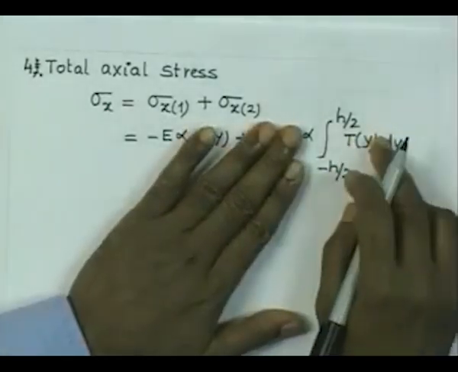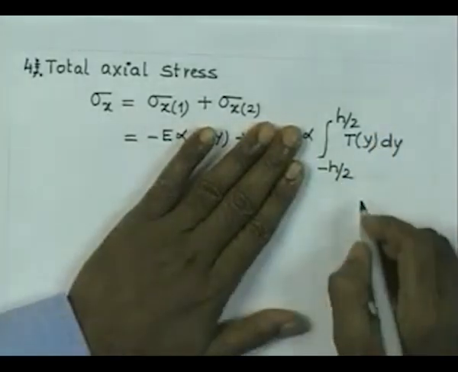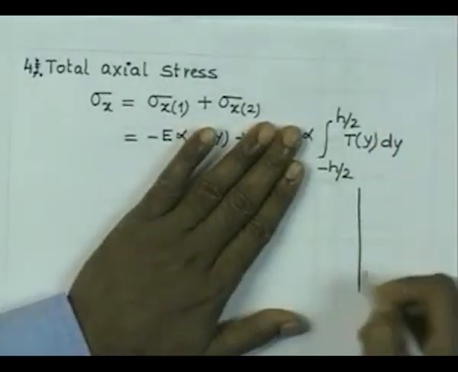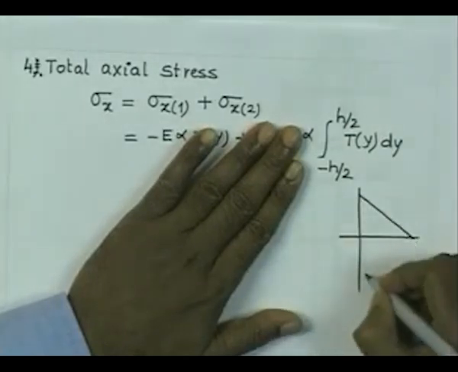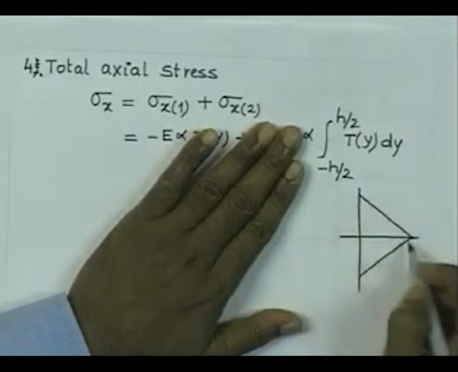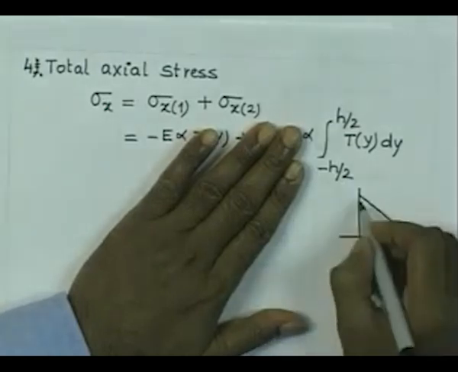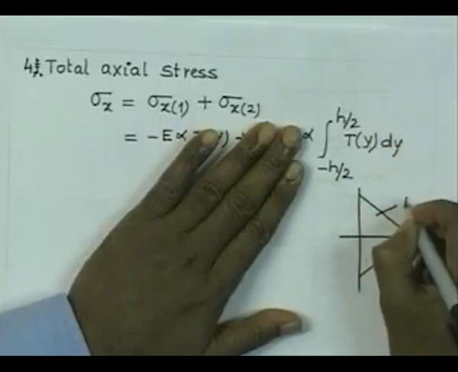Now, if you consider this particular integral, it gives us the area of the temperature variation, or the area enclosed by the temperature curve with the y axis, and therefore this is nothing but the total area.